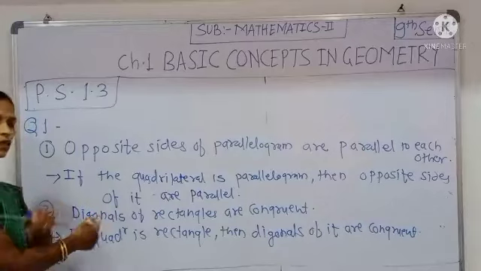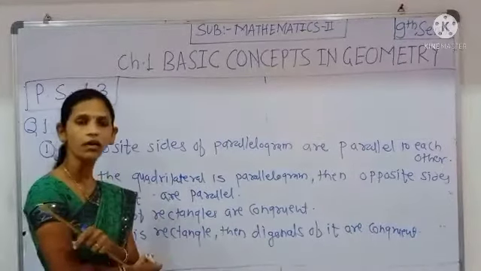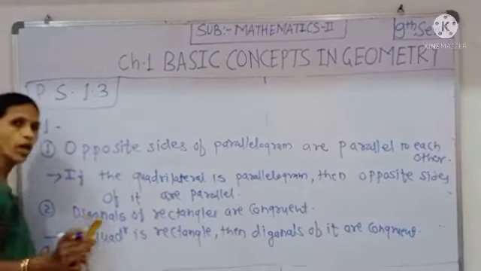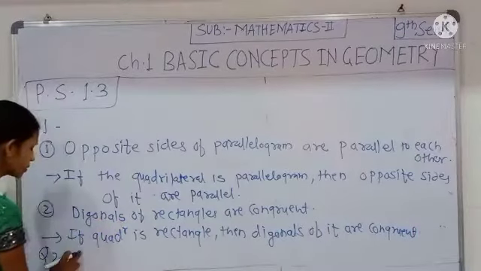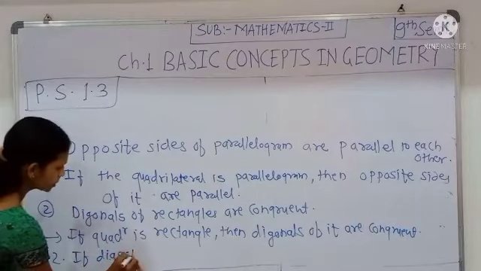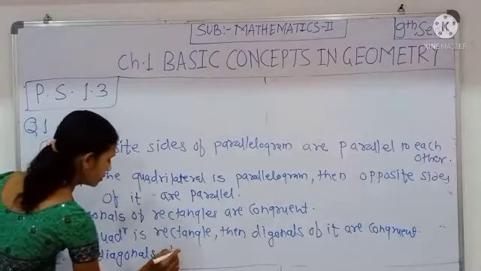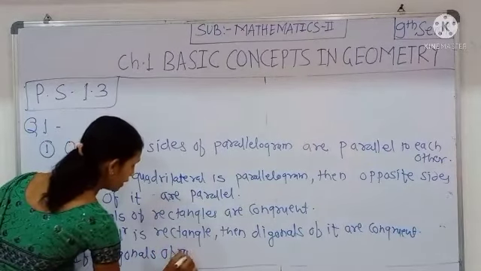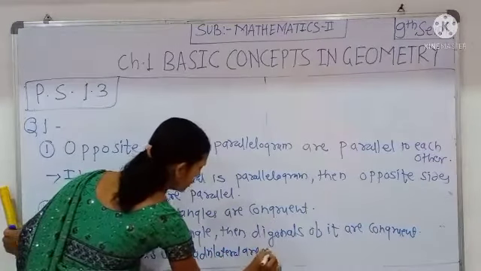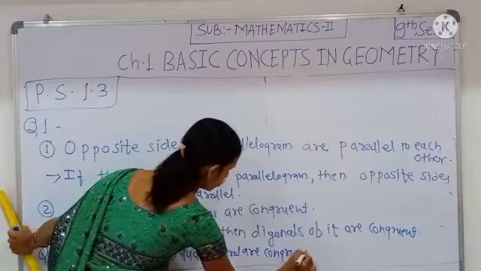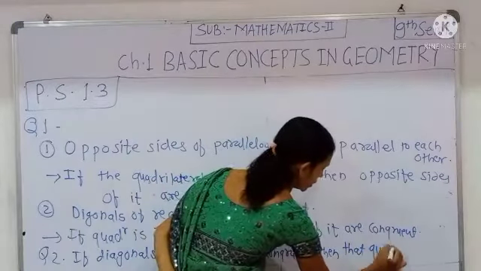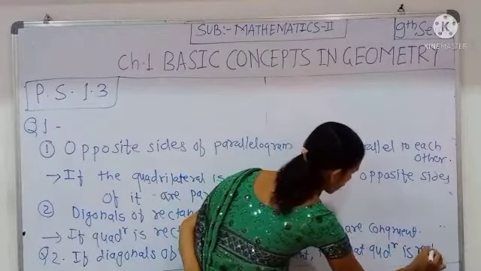Then, interchanging the antecedent and the consequent, we write the converse of it. See here: if diagonals of a quadrilateral are congruent, then that quadrilateral is a rectangle.